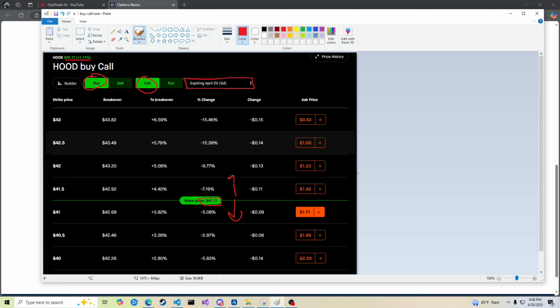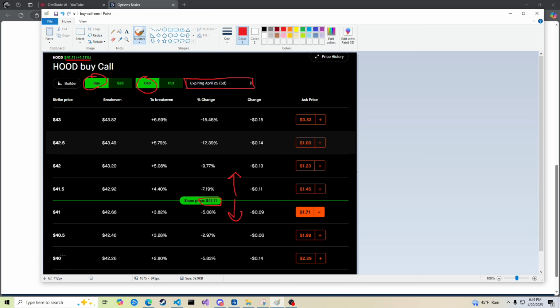If we were to buy a contract above the current share price, that would be out of the money. And you can see that in a contract where you're buying, if you go in the money, you're going to be paying a little bit more for that premium as you go deeper down because you have a greater chance of making money off of the option, right?